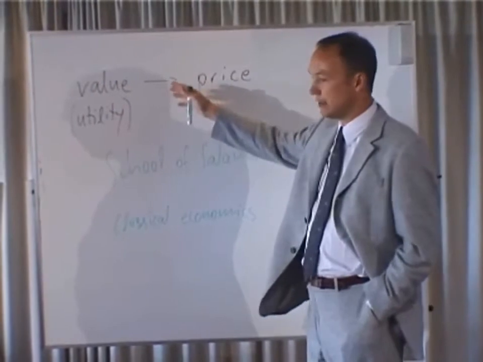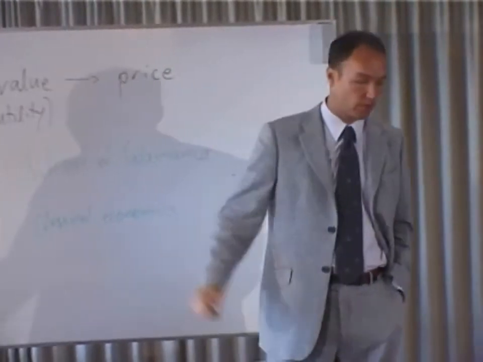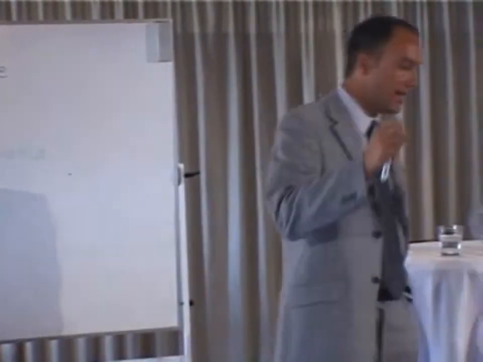So what Menger said, the same observation that Jevons made, was that we get the paradox of value because we reason in terms of entire classes of goods. We say water in general has a higher utility than diamonds in general. And as a consequence, we get the paradox because the price of water is much lower than the price of diamonds.